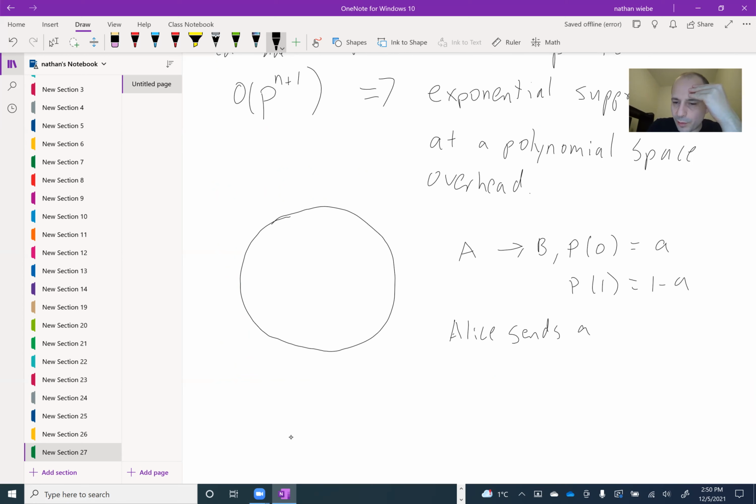And so if we envision in this particular case, the valid probability distributions that Alice would have would be of the form, the encoded distribution would be 0, 0, 0 with probability A, or 1, 1, 1 with probability 1 minus A.